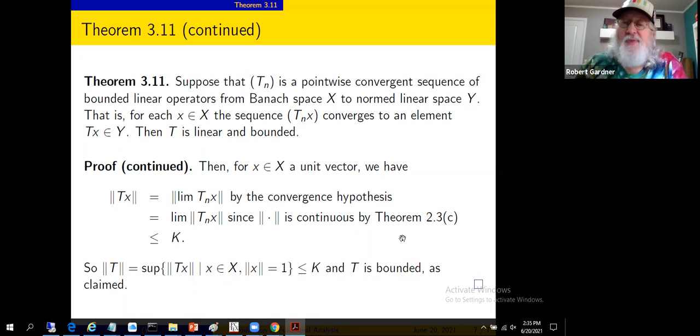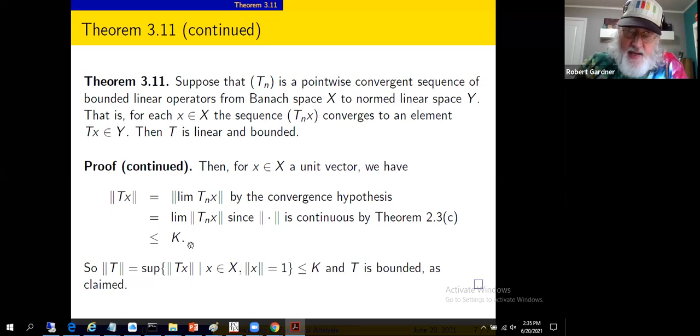It's Theorem 2.3 part C. The norm is continuous. And we saw that T sub n of x for any n was bounded by K. So we get this limit bounded by K. The norm of T of x is less than or equal to K for any unit vector lowercase x.